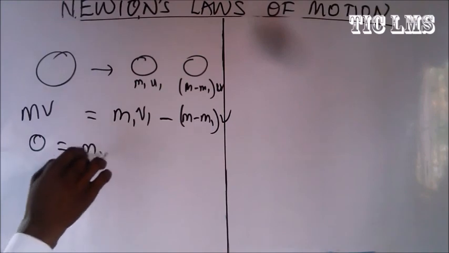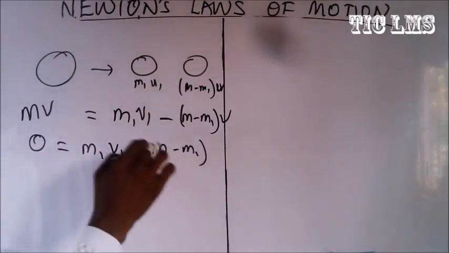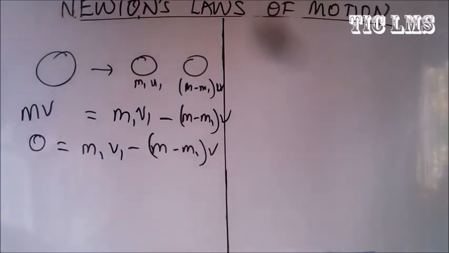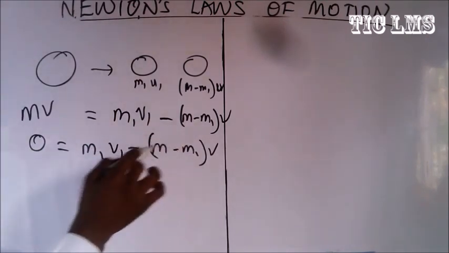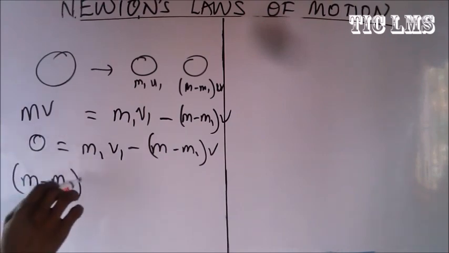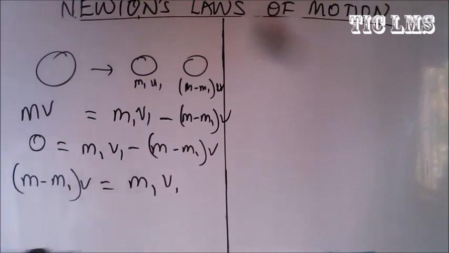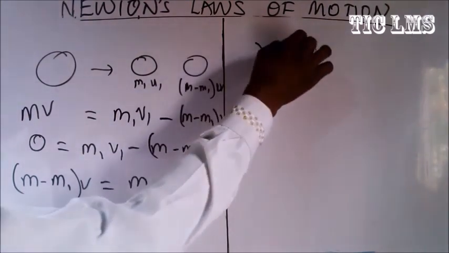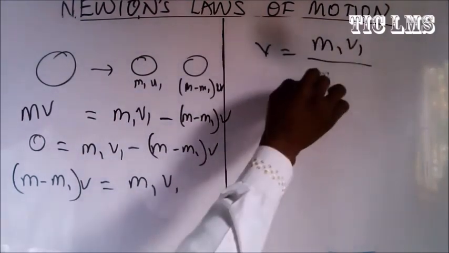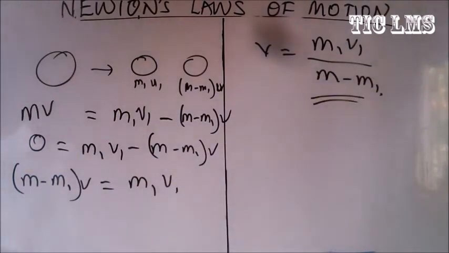And then we have m1 v1 minus m minus m1 into bracket v. We move this from this side to this side and it becomes m minus m1 into bracket v equal to m1 v1. Making v the subject, we have v equal to m1 v1 over m minus m1. So here is the speed with which the second body moves.